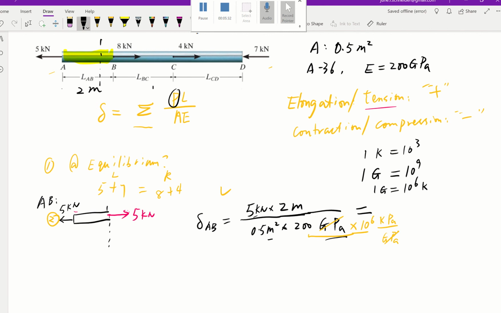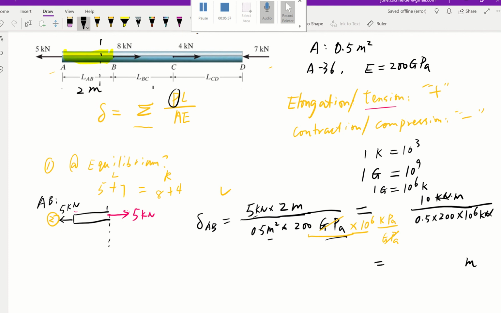All right, so let me continue to write. That will be 10 kilonewton meter, over 0.5 times 200 times 10 to the power of 6 kilonewton, and that cancels out. Then you will get a unit of meter.